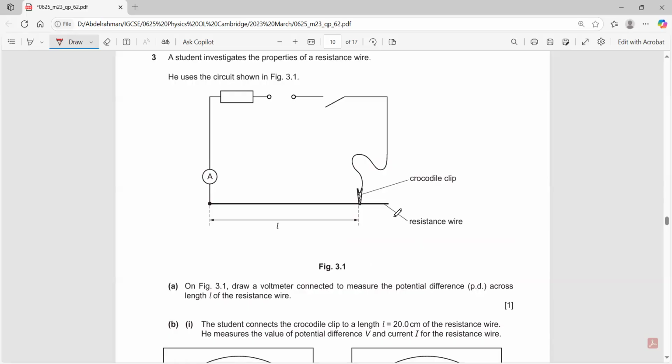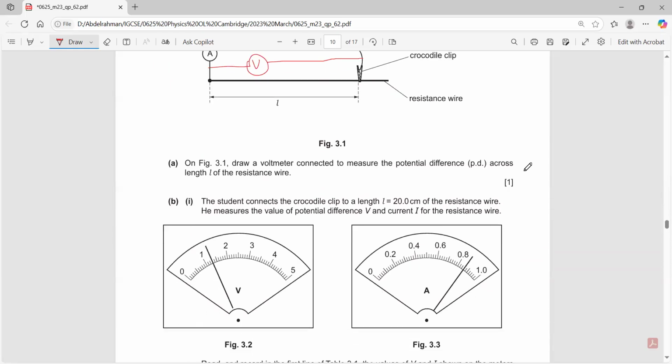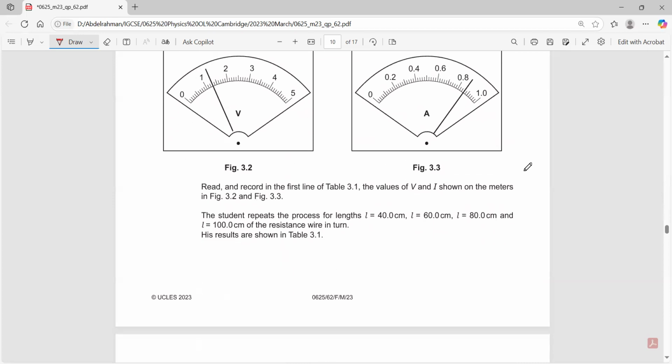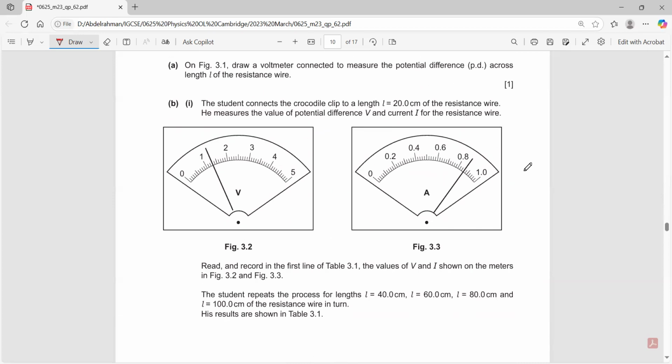On figure 3.1, draw a voltmeter to measure the potential difference across the length of the resistance wire. So the voltmeter goes in parallel with this resistance wire. Can I take the readings of the voltage and the current and write them down in the table?